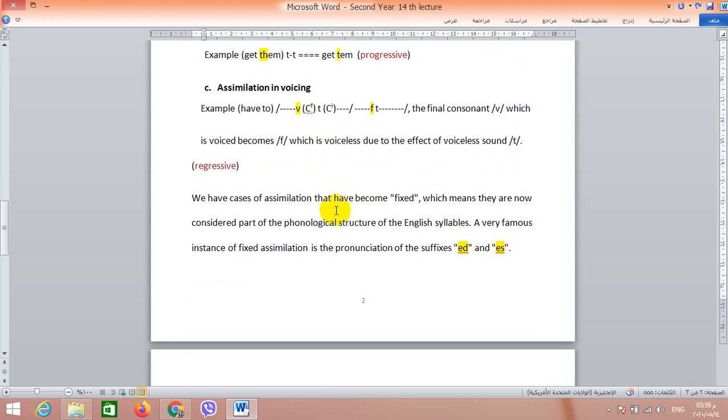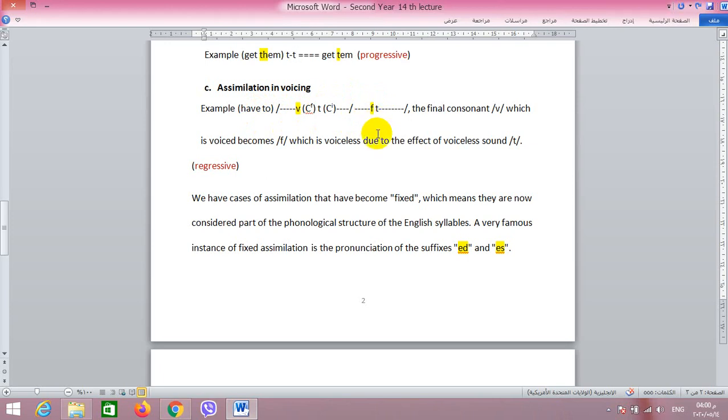Now, assimilation in voicing. If we take the words "have to," the final consonant of the word have is v, which is a voiced sound, while the second word starts with t, which is a voiceless sound. Because of the t, the v sound changes to become f.